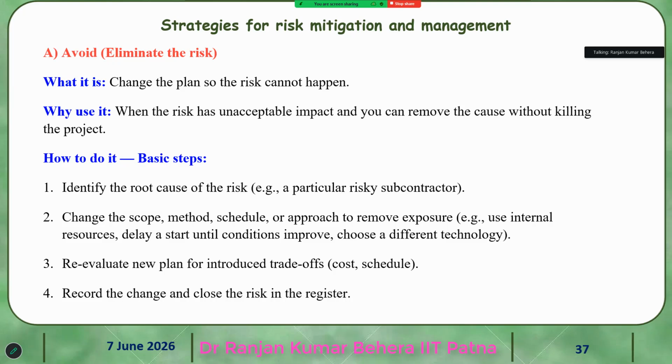How to do it? Basic steps: identify the root cause of the risk, for example a particular subcontractor. Change the scope, methods, schedule, or approach to remove exposure, such as using internal resources, delaying a start until conditions improve, or choosing a different technology.